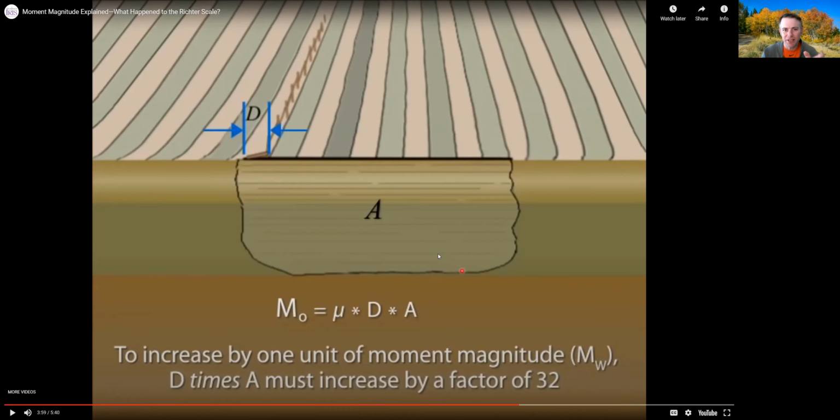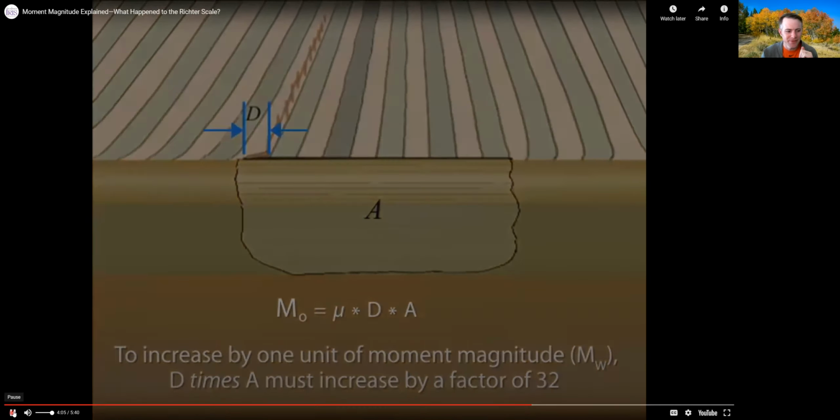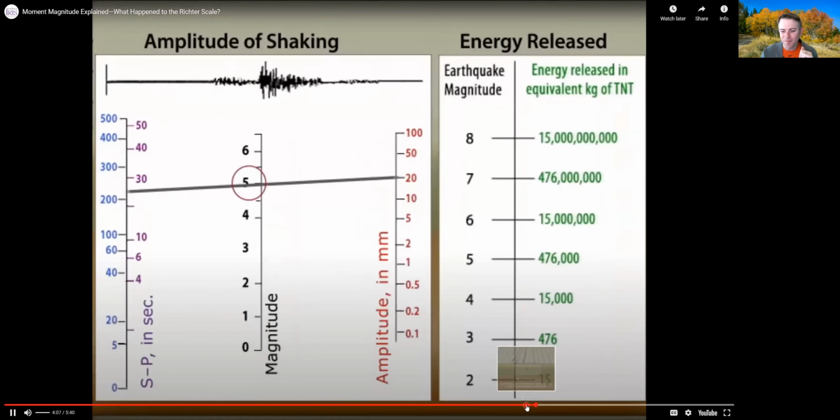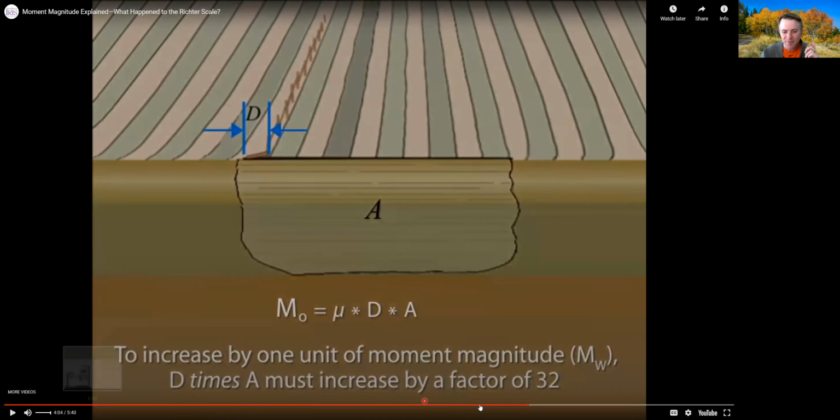And there's a really great analogy here that I want to show you that uses a spaghetti noodle. The product of slip distance times rupture area increases by a factor of 32. This is important right down here. When you move up from one magnitude to the next, like from a magnitude 5 to a magnitude 6, the amount of energy increases by a factor of 32.